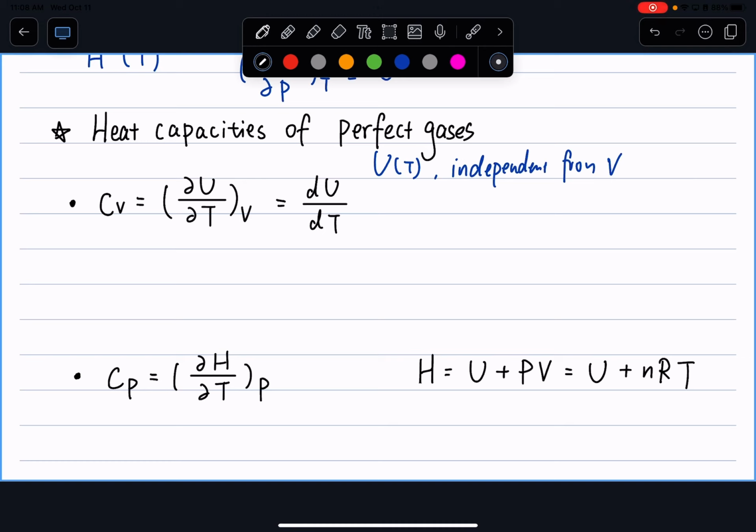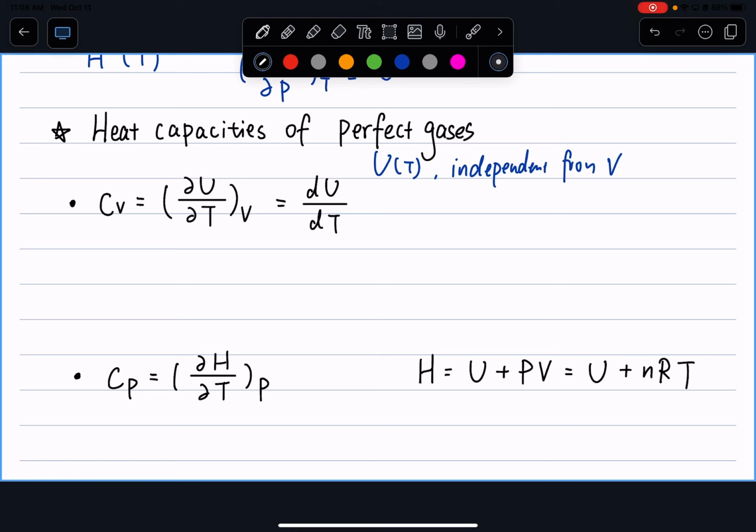Those two are just generally true, by definition correct. And then if we are considering a closed system with reversible PV work only, then we can specify that relationship to be the partial derivative of H over T at constant P equals CP, and the partial derivative of internal energy over T at constant V equals CV.